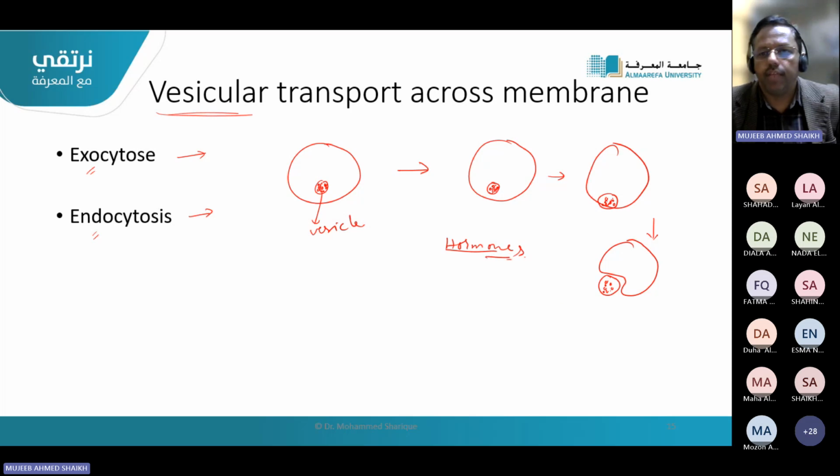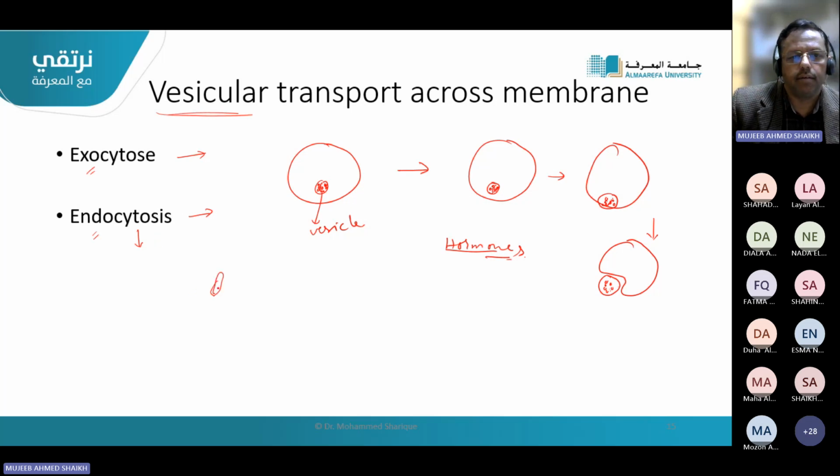We require many molecules in a bag, in a packet. Whereas endocytosis is whenever you want to engulf or take in a big molecule inside the cell, you have to utilize the process called endocytosis, just like a bacteria.